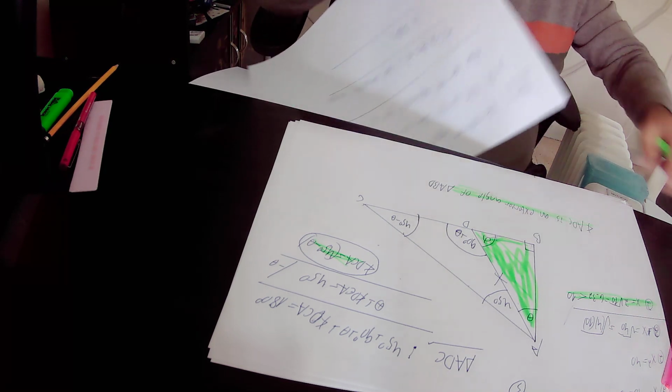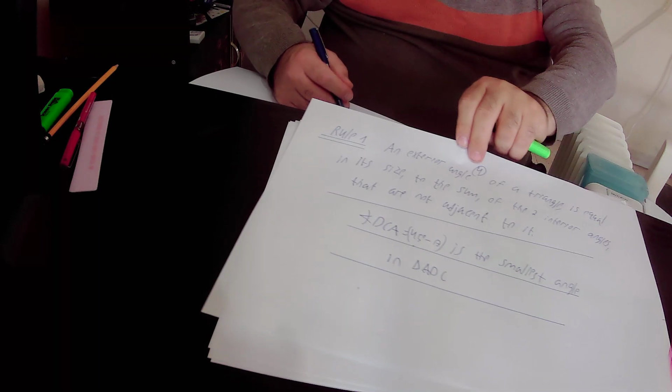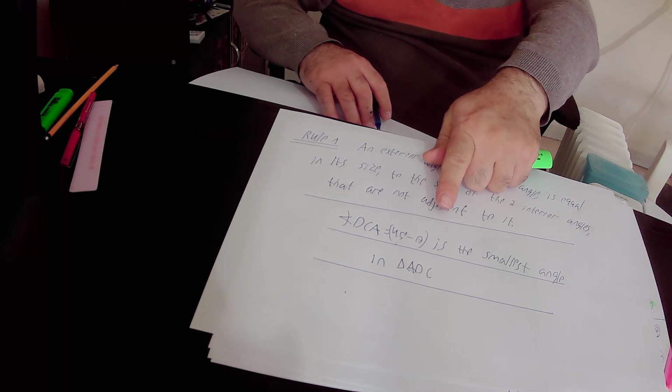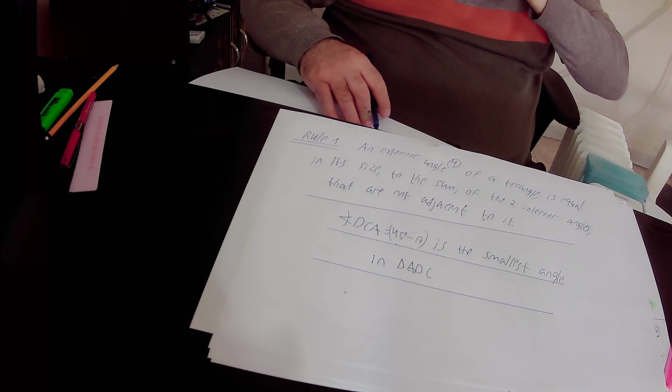I'll repeat again. Angle DCA that is equal to 45 degrees minus theta is the smallest angle in triangle ADC.